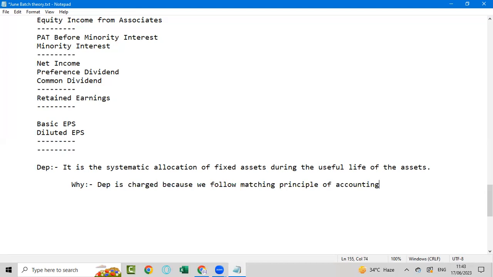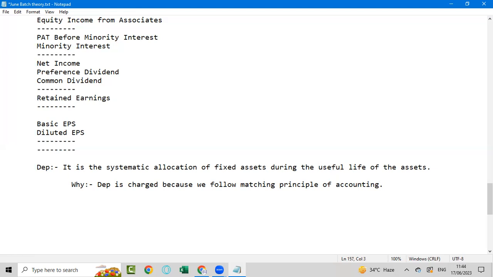You are not supposed to show all the 50,000 as an expense in the current year's income statement. Because if you show it in the current year, in the next 4 years there is no expense. But you will be taking benefit of that machine in the next 4 years also. So you will not follow the matching principle. We are asked in financial accounting to follow the matching principle, so the cost of that machine will be allocated over the next 5 years. Clear? Okay.